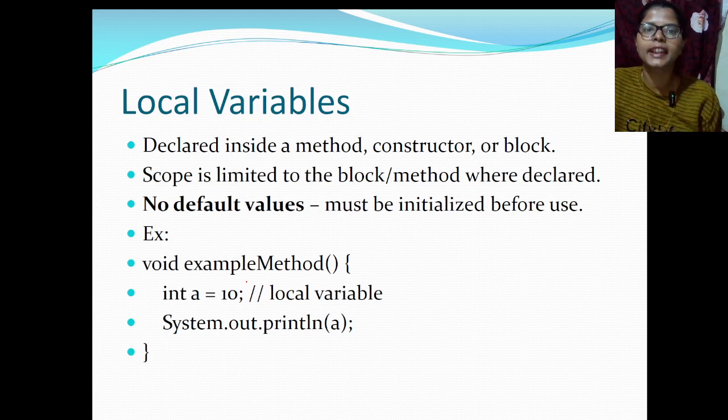If you try to access it outside of that method, constructor, or block, it is like using that nickname outside of your family: others will not understand who that person is.